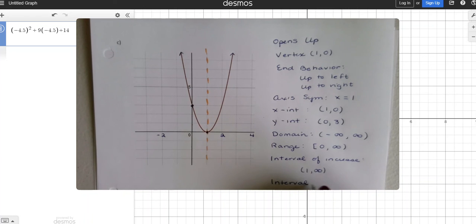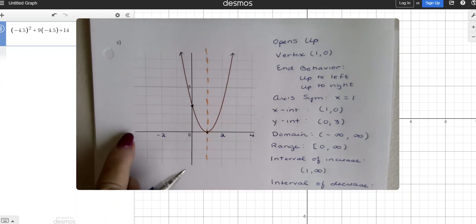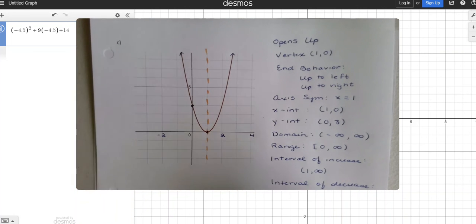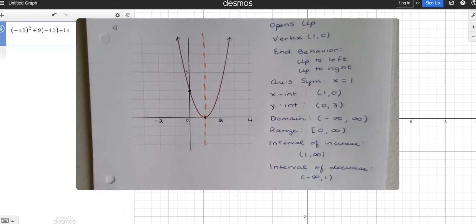And our interval of decrease, on this side where it's going downhill, would be from negative infinity to 1. All right, I'm just looking through that. I can't think of anything else right now to say about the graph, but nice big long list there.